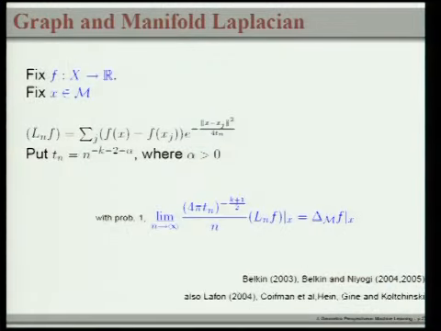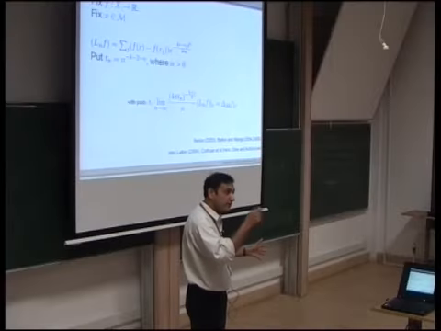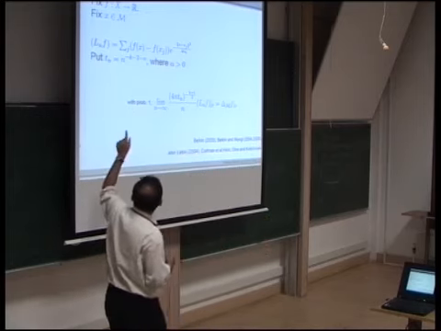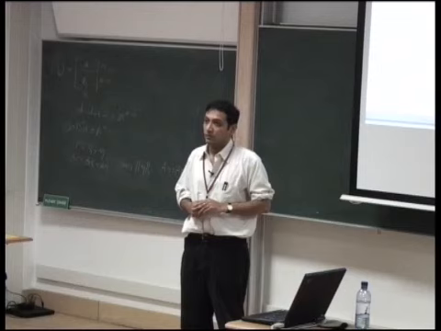Okay? The graph and the manifold Laplacian, what is the relationship? As more and more data comes along, are you going to actually estimate the manifold Laplacian with the graph Laplacian? There have been a lot of results along this line by a number of people, which essentially say that if you consider a fixed function f, and you evaluate the graph Laplacian on that function, as more and more data comes along, you will converge to the value of the manifold Laplacian.